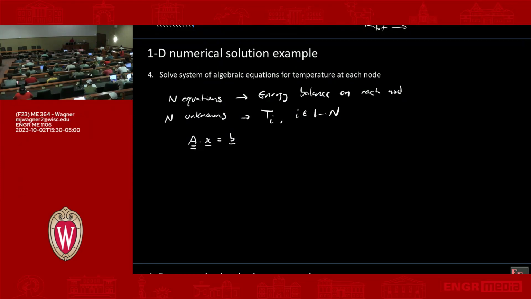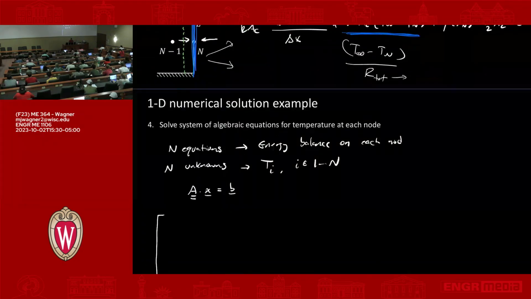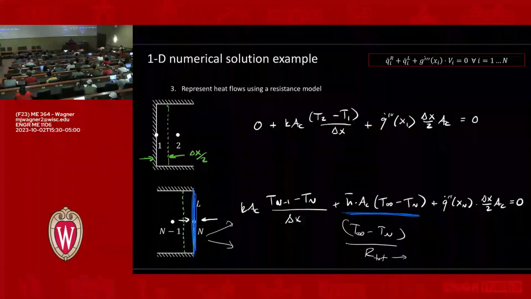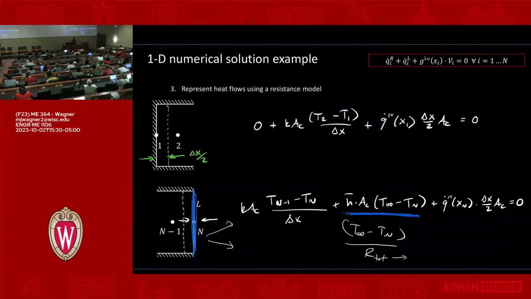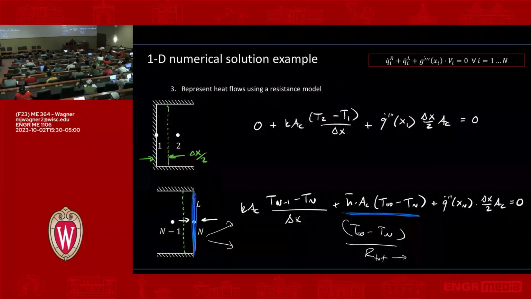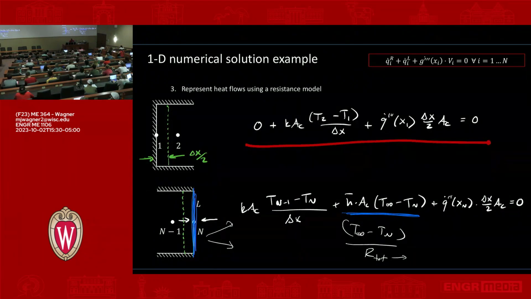Let's actually write out what this all looks like for our example. Let's say over here we've got this big A matrix. What are the components of the A matrix? Let me slide back up here a little bit. Let's look at this equation here on the top. This equation has a bunch of stuff multiplying the temperatures.